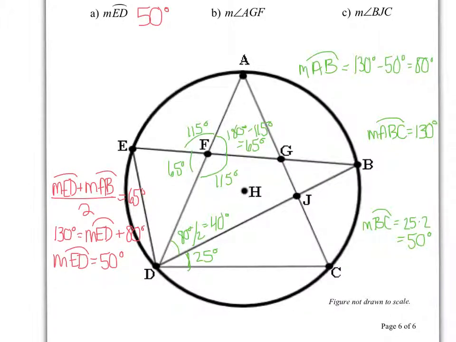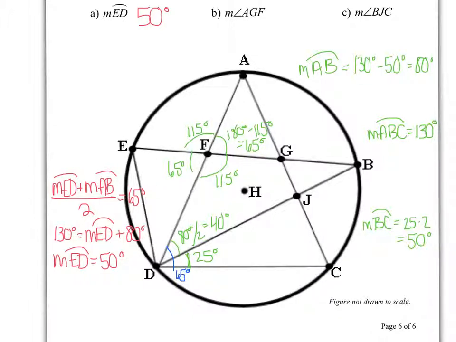For the measure of angle AGF, which is right here, this angle, there's a couple things that we need to find first. So I know that this triangle is isosceles. I know that this angle is 40 plus 25, which is 65 degrees.